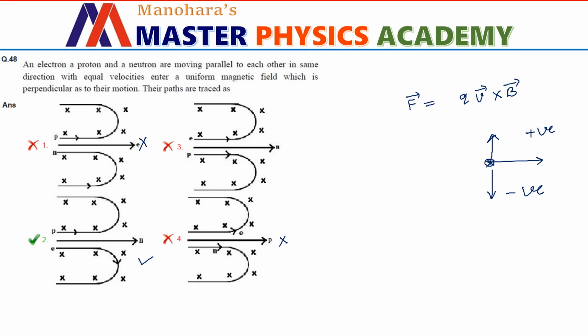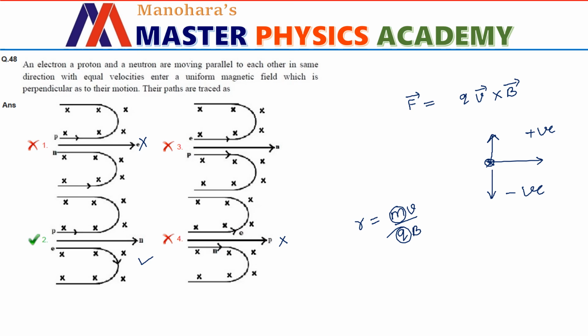But what I find here is that the curved paths have the same radius. The radius of the curved path will be mv divided by qB. So it is going to depend on mass, velocity is given as the same, and q. But in the questions they will clearly mention that the diagrams are not to scale.